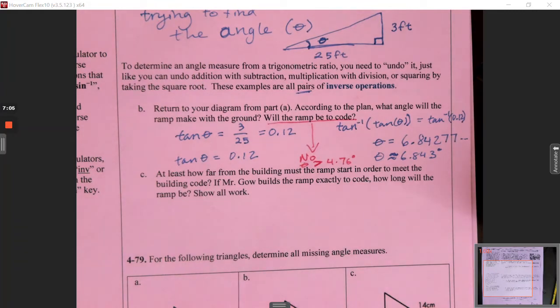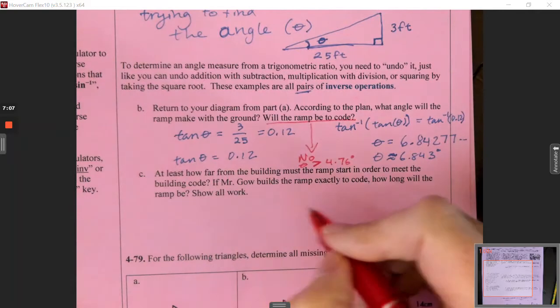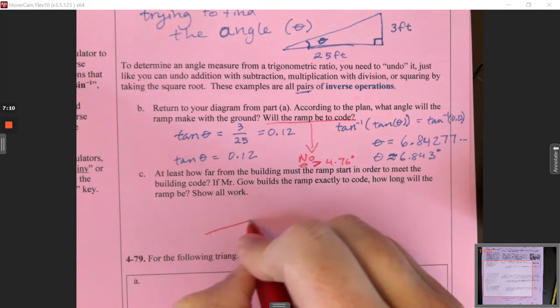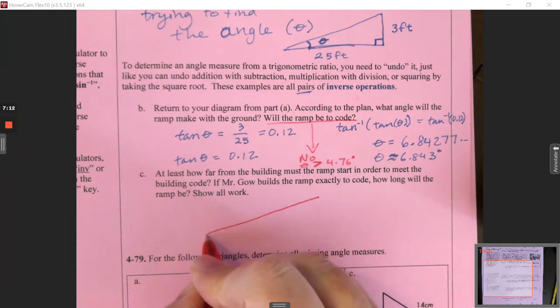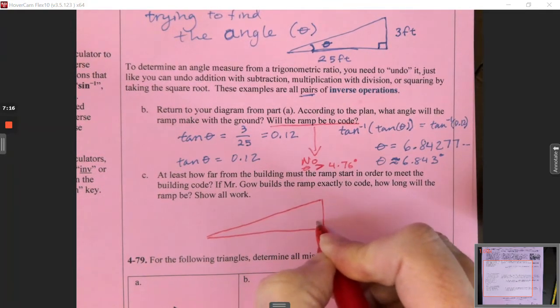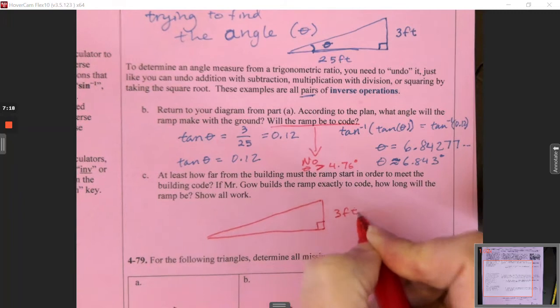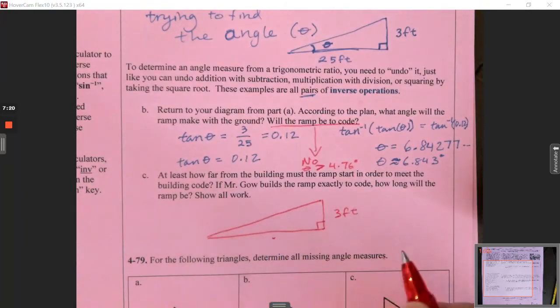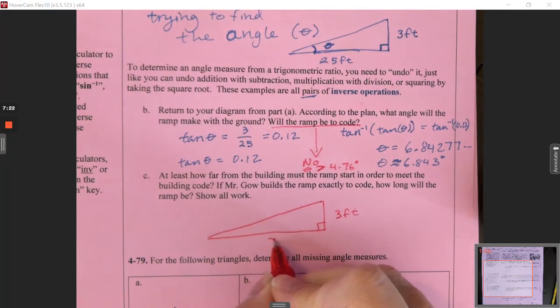But I'm going to build exactly to code. So I'm going to use this angle, the exact code angle, 4.76. I'm using that exact angle and building exactly to code.